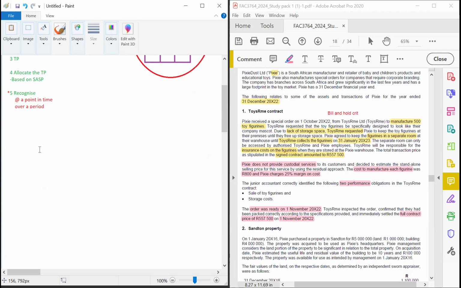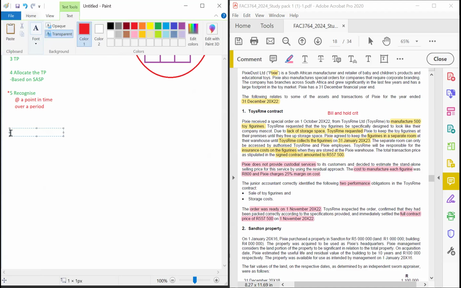So now, the fundamental principle that you always have to state when answering a revenue question is that an entity will recognize revenue after satisfying a performance obligation, right?